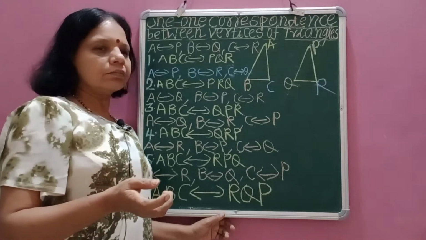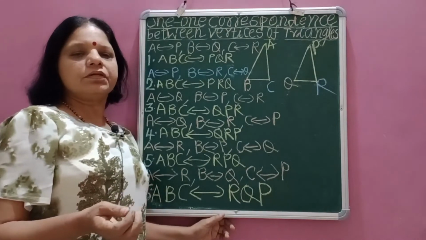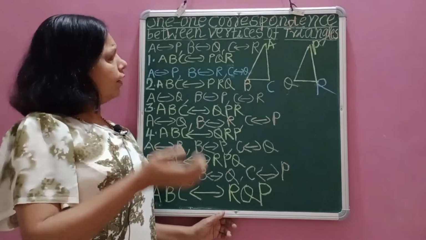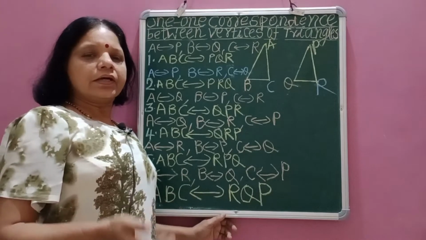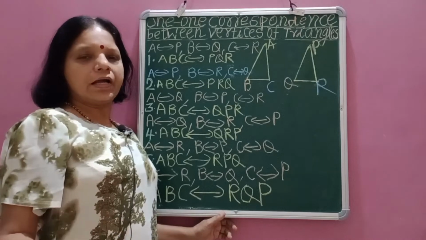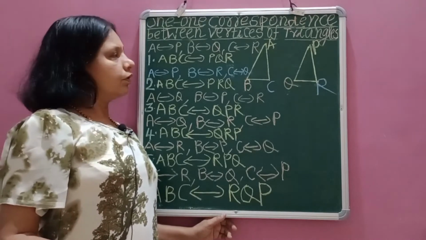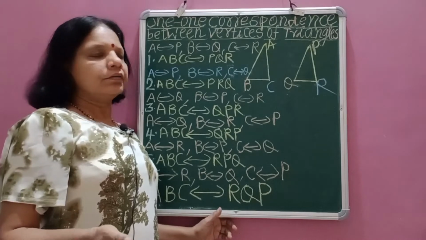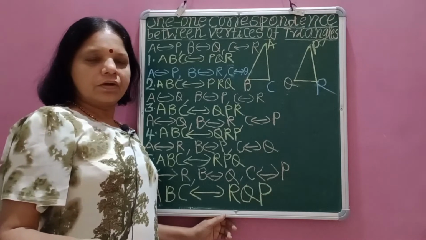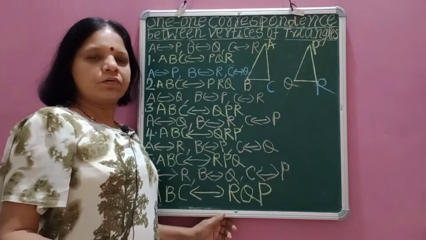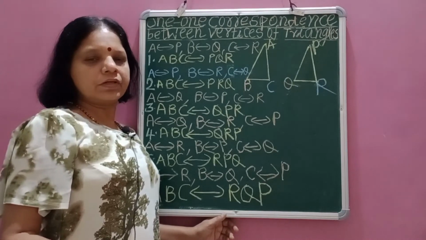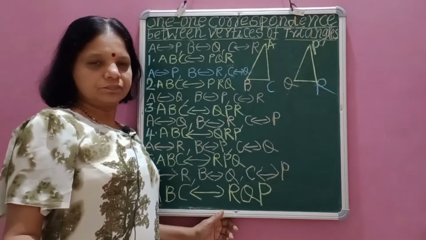So this is nothing but the relation between the vertices of two triangles, and from that you will get the corresponding sides and corresponding angles, in order to identify similar triangles and which corresponding sides are proportional and which corresponding angles are equal.